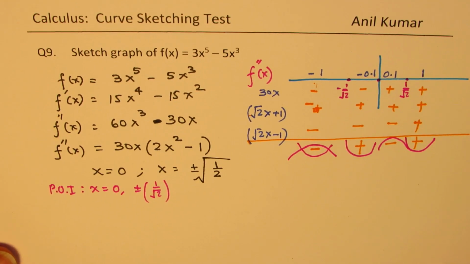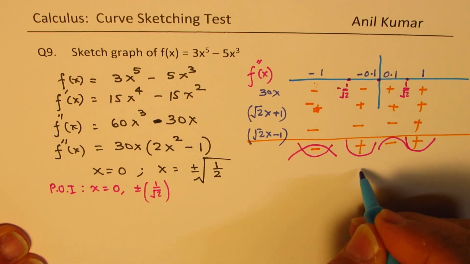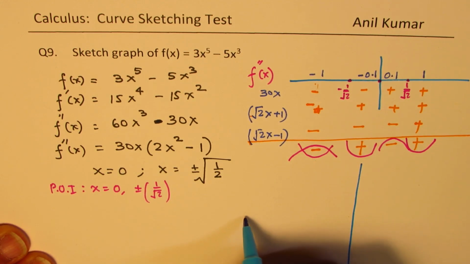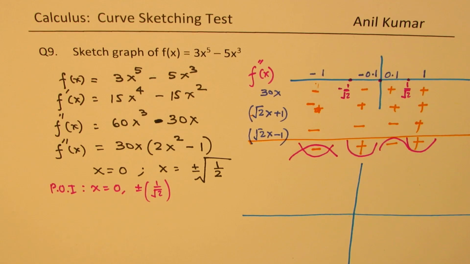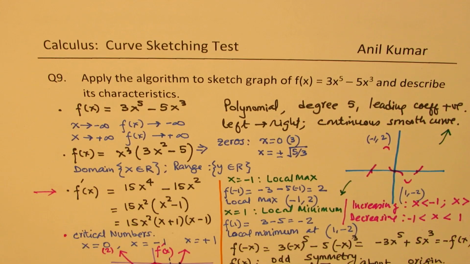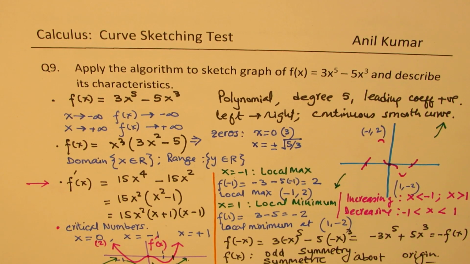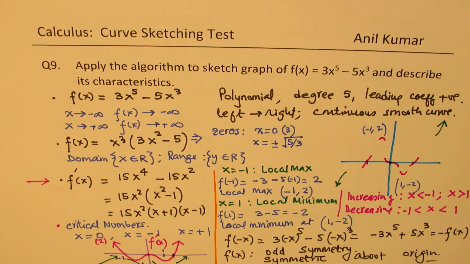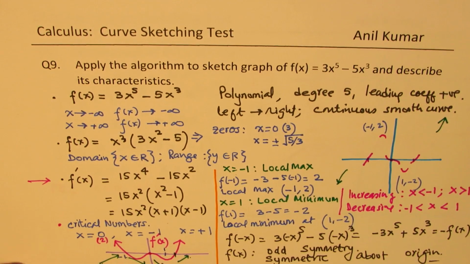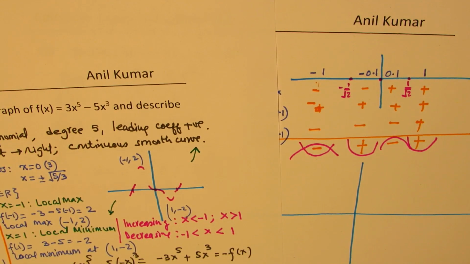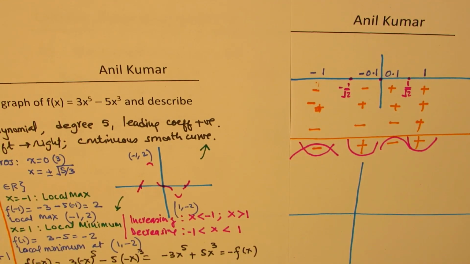Okay? Right. So, let me just draw a rough sketch here. So from the previous page, the important things which we got are the intercepts, which are at 0, x-intercepts minus 1 and plus 1, right? We got points of inflection now, and we got maximum and minimum values. So let me just make a rough sketch from all this, what we have got.